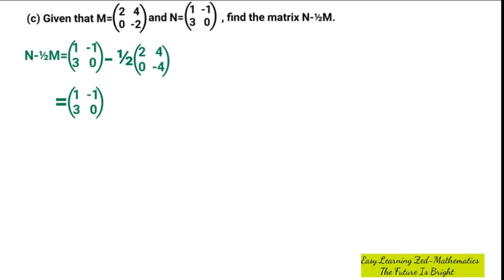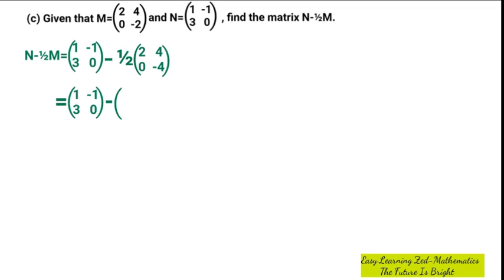I will deal with it immediately I finish evaluating matrix M multiplied by 1 over 2. So it's going to be minus open bracket. What it means there is I'm going to multiply 1 over 2 by each element in matrix M.